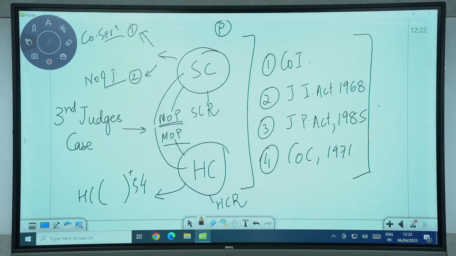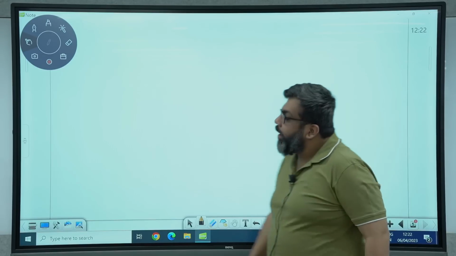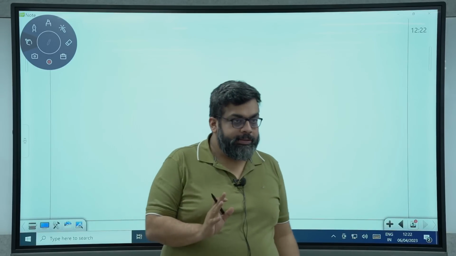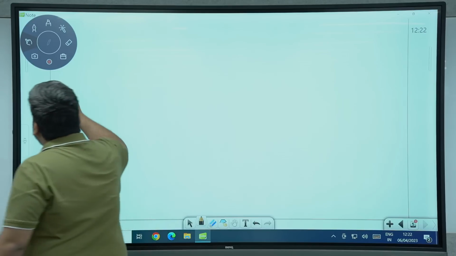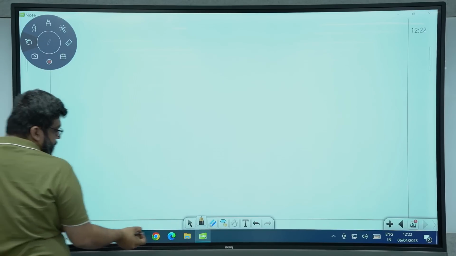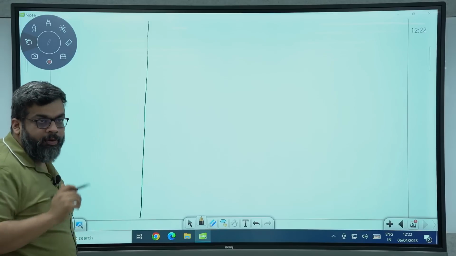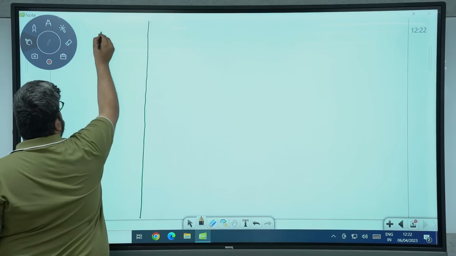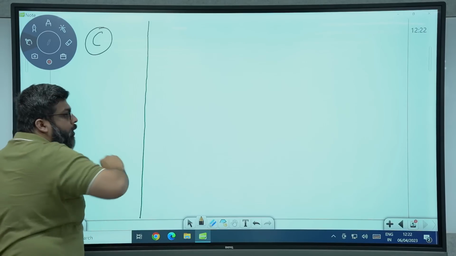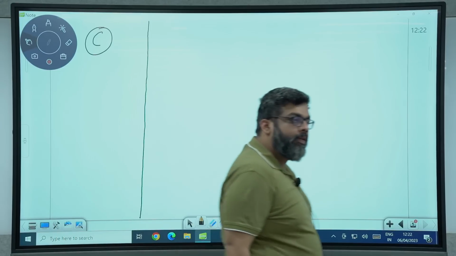Now that we are clear, let's come down to the complicated process, which is your appointment process. We are going to do the appointment process in a 3-column form. First, what does my constitution tell?